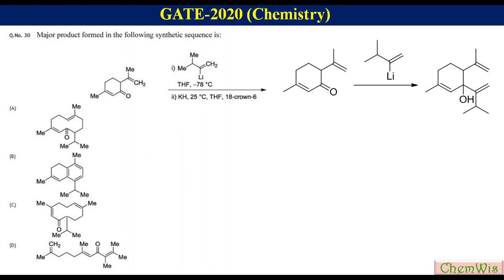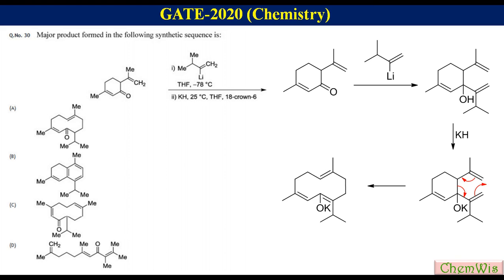In the second step, alcohol reacts with potassium hydride to produce corresponding salt, which undergoes anion assisted 3,3 sigmatropic shift to generate potassium salt of 10-membered ring product.